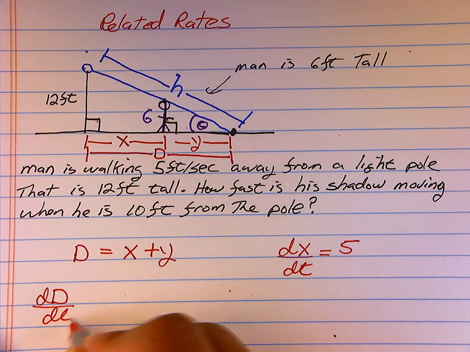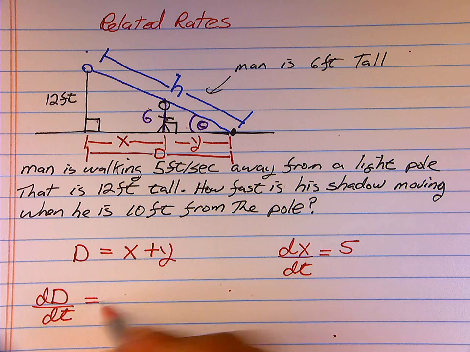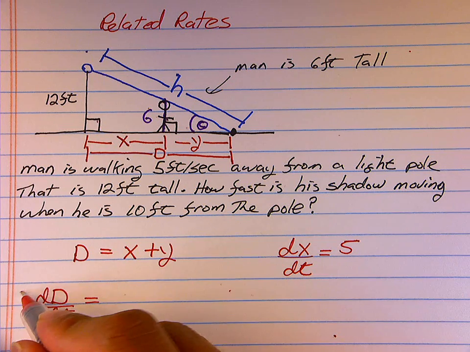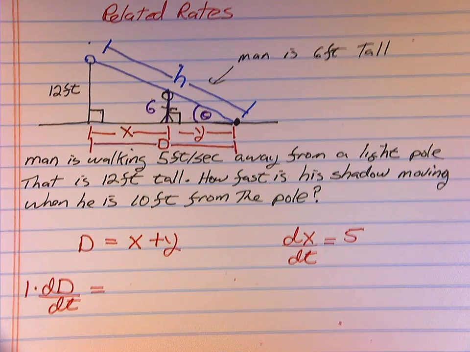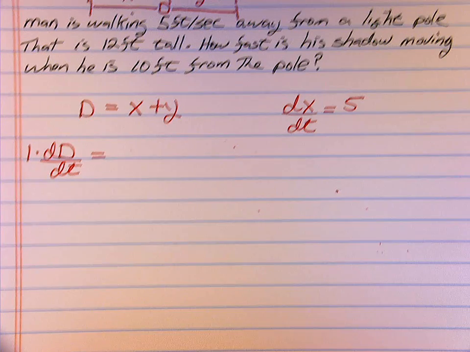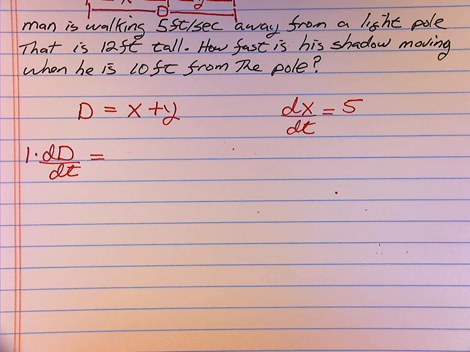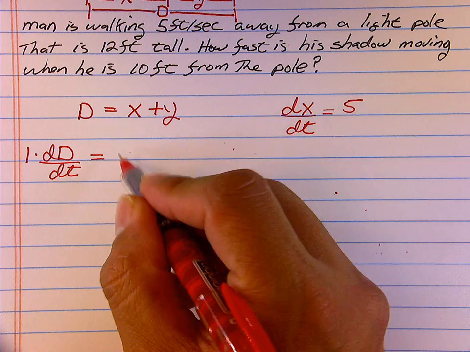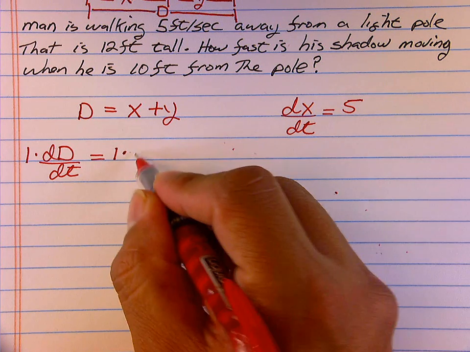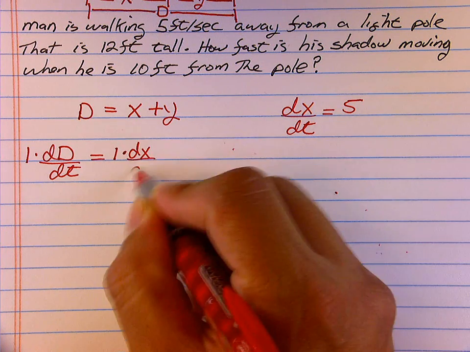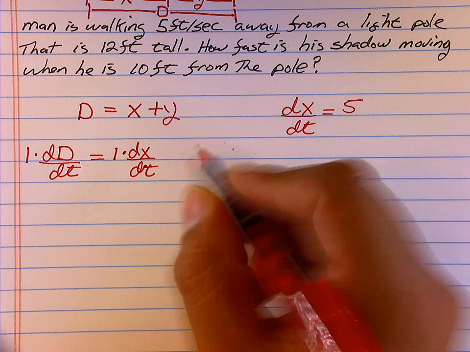Big D's derivative with respect to time equals, notice this was technically a 1 times dD/dt equals 1, the derivative of x is 1, times dx/dt.